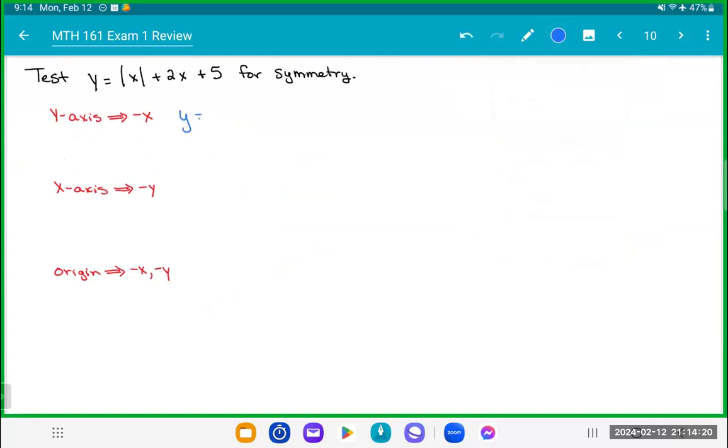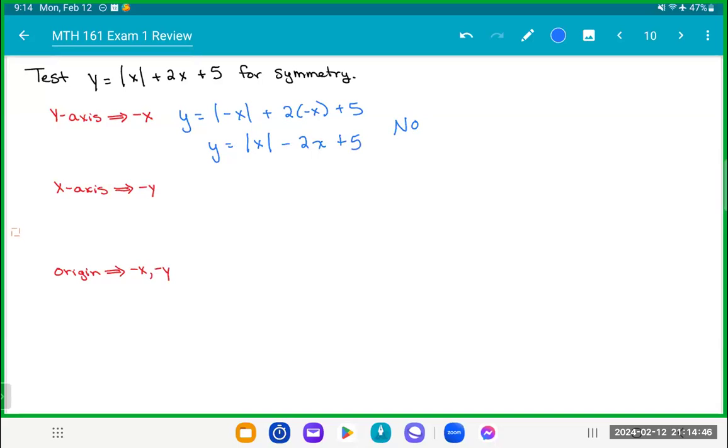So this gives me y equals the absolute value of negative x plus 2 times negative x plus 5. This simplifies to y equals the absolute value of x minus 2x plus 5. This is not the same as my original equation, so no, there is not symmetry with respect to the x-axis.